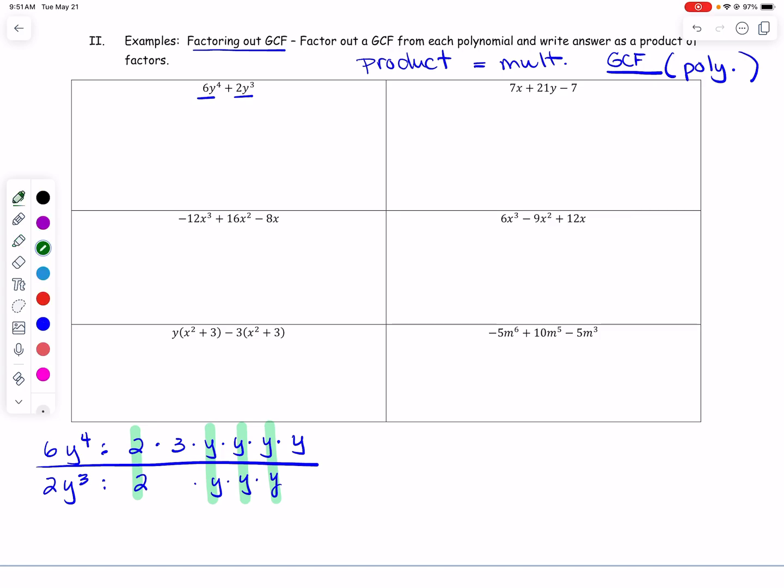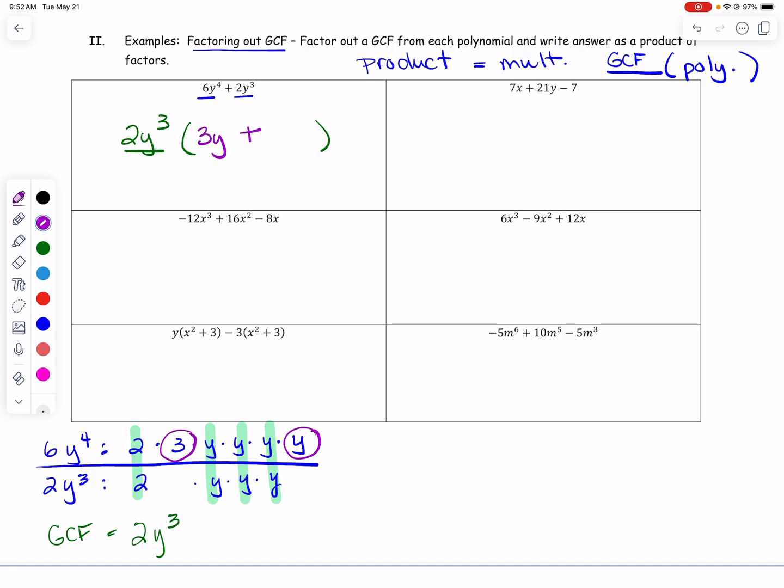So my GCF is 2y cubed. And that goes out in the blank. And then I have to divide each one of those terms by 2y cubed. And so if you look, when I divide the first one by 2y cubed, what's left is 3y.